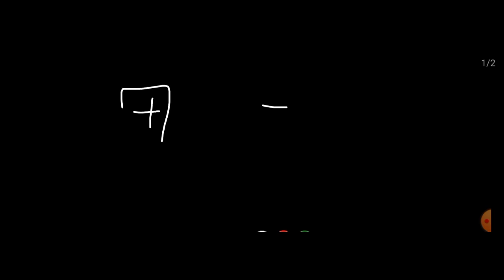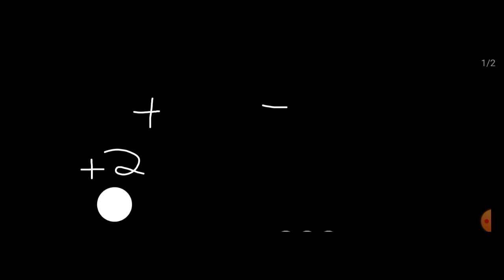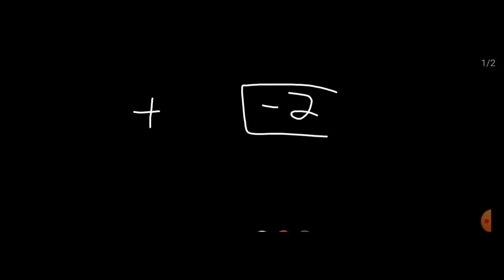Now when you see a number or a variable with this plus sign, it means that number is positive. This is a positive, or that is a positive. But as soon as a number has a minus sign like this one, this is a negative number.